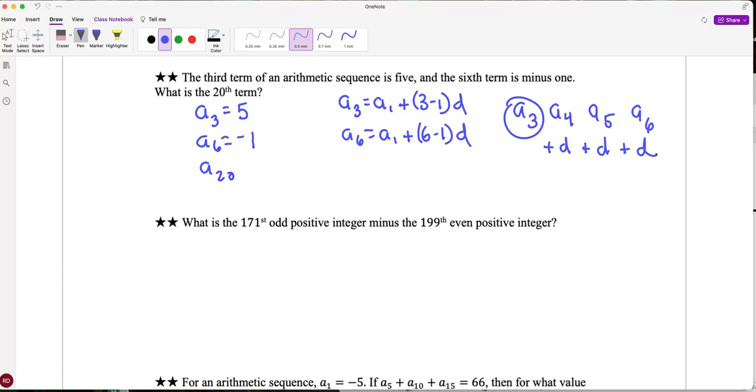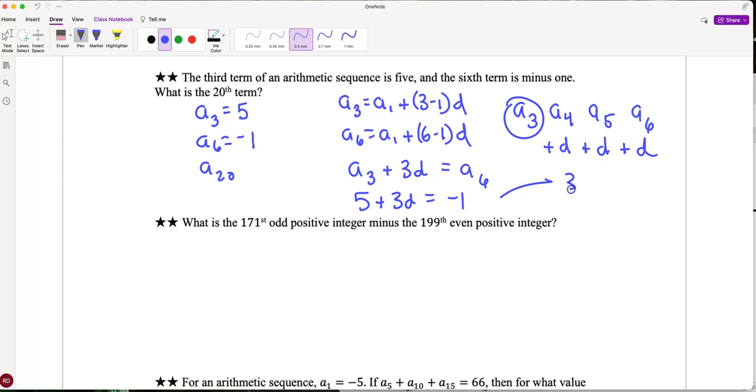So what it means is you know the third term is 5. So A3 plus 3D is going to give me A6, right? So A3 is 5, plus 3D equals -1.